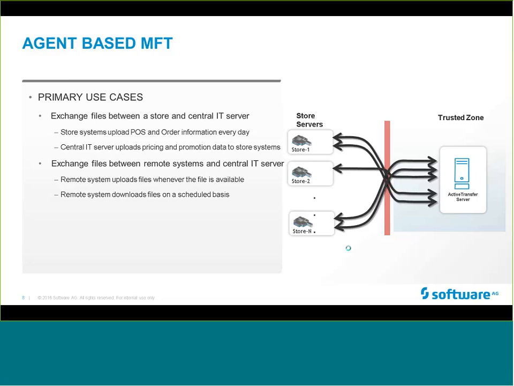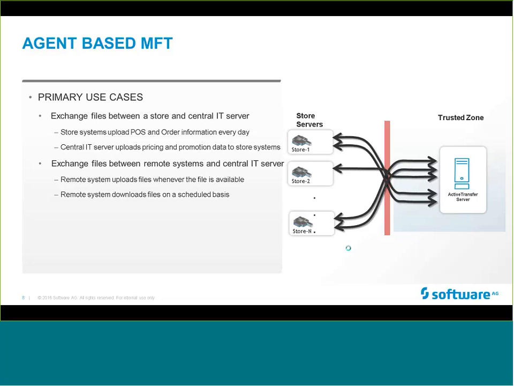One of the classic use cases is exchanging files between a central IT infrastructure, which is where the ActiveTransfer server might be located, and remote locations. Say you're in the retail industry, you may have stores distributed across the globe. In financial services, you may have bank branches distributed across the globe.